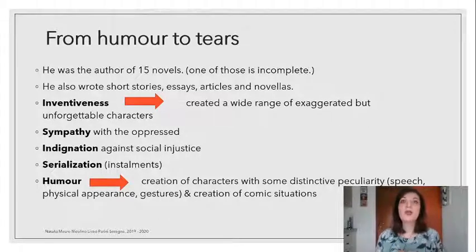Then another characteristic of Dickens's novels is his strong indignation against social injustice. We know how full of contrasts the Victorian society was. We focused more than once on these differences, on these contrasts which characterized Victorian society. And Victorian society was based on social injustice.